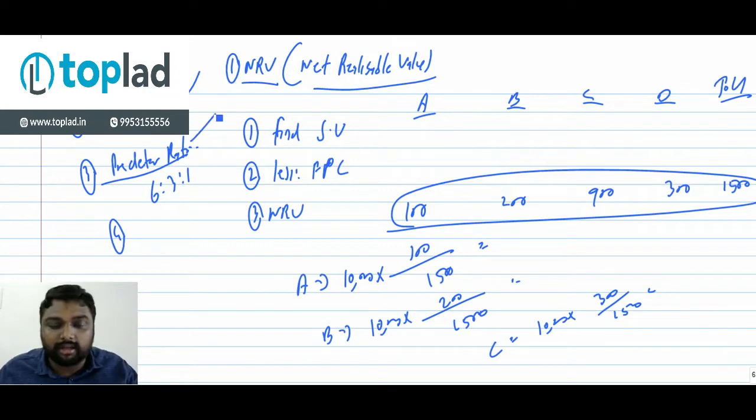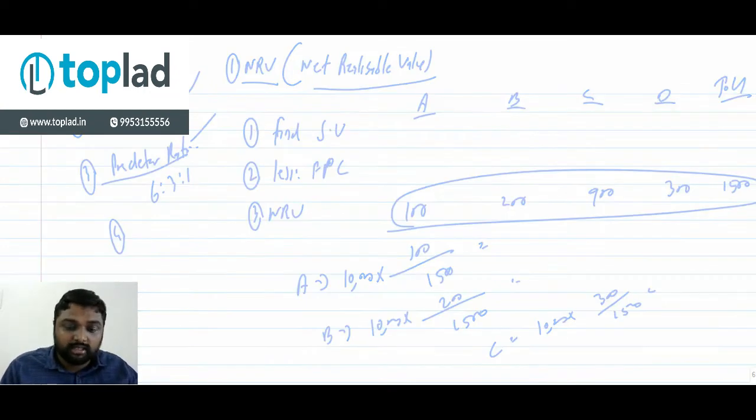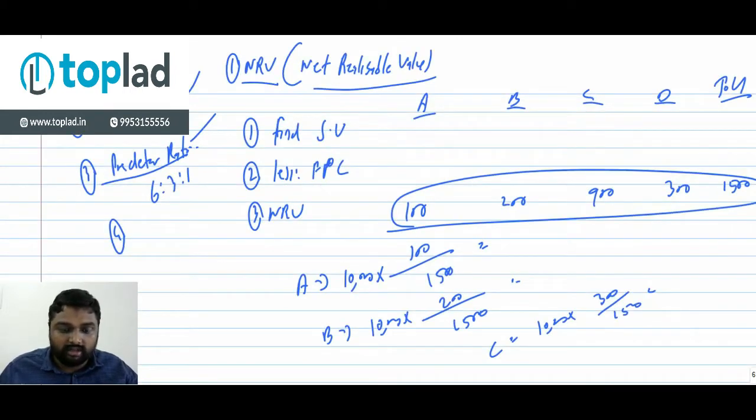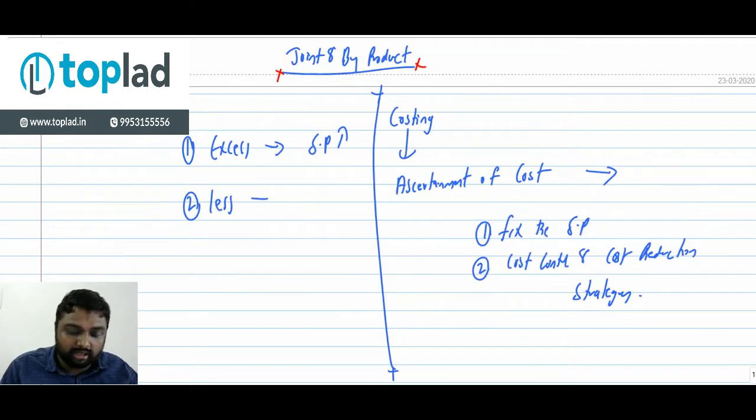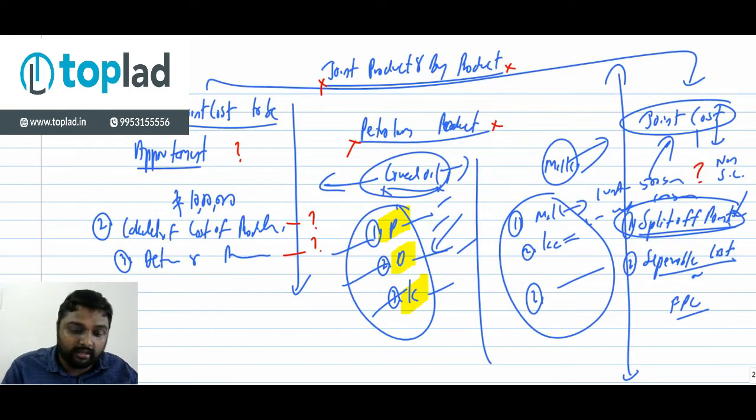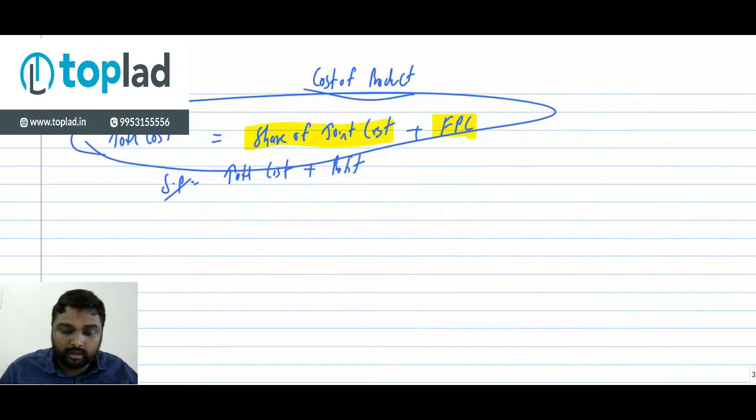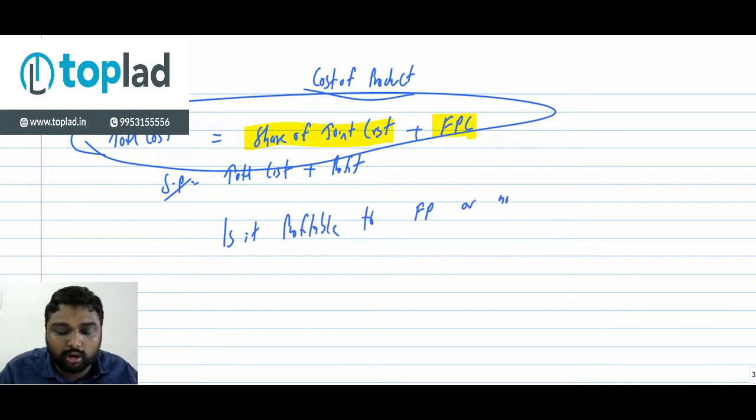Some other methods we'll also discuss. We also have to discuss one more thing: is it profitable to further process or not? We have to answer that, so all of it we will discuss.